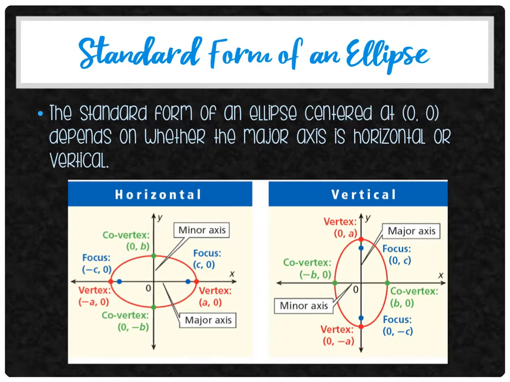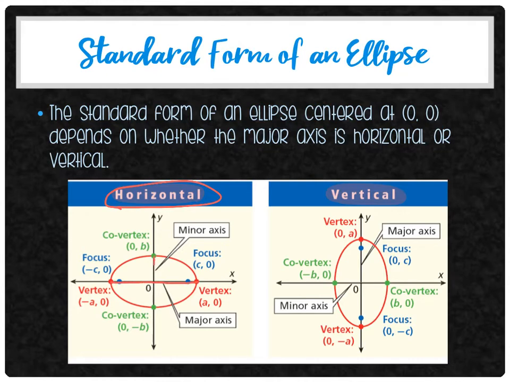The standard form of an ellipse looks like this. So there's a little bit more information. If the ellipse is centered at 0, 0, so if your center is on the origin, then it would either be horizontal or vertical. It's horizontal if the larger axis, or the major axis, is on the horizontal, which we'll talk about in a little bit how you can see that from an equation.